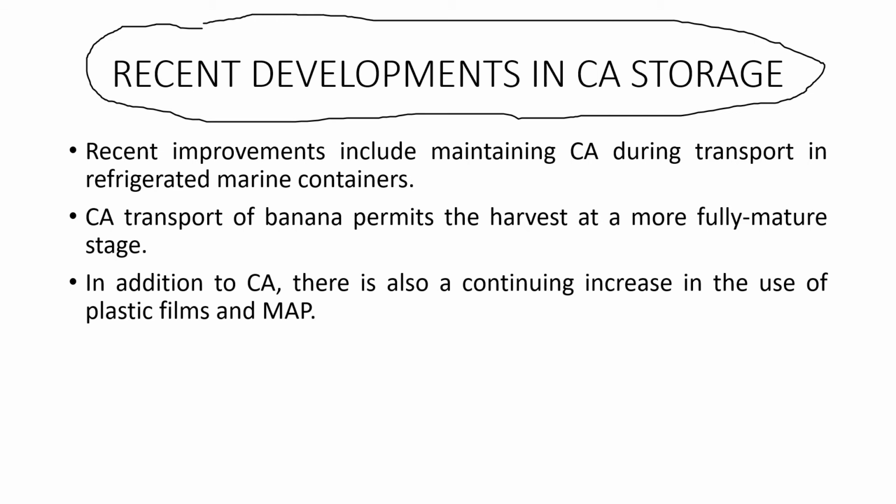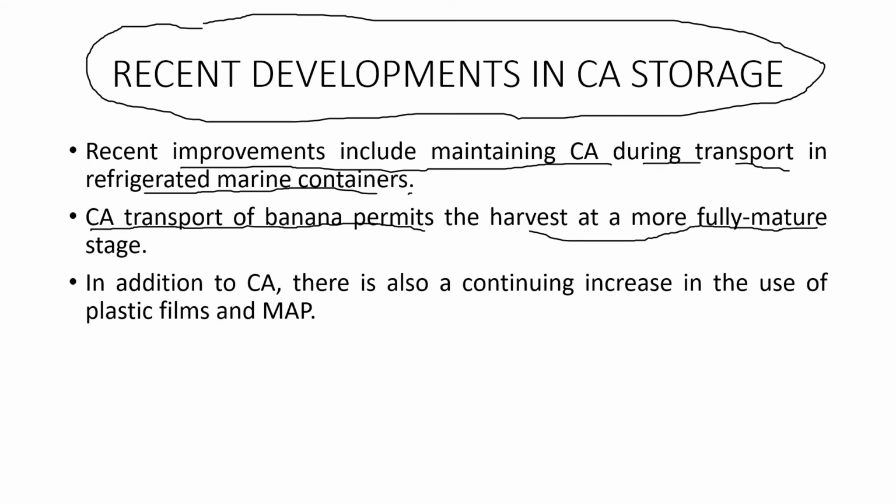Moving on, talking about some of the recent developments in this process. The recent improvements include maintaining controlled atmosphere during transport in refrigerated marine containers. Controlled atmosphere transport of banana permits the harvest at a more fully mature stage.